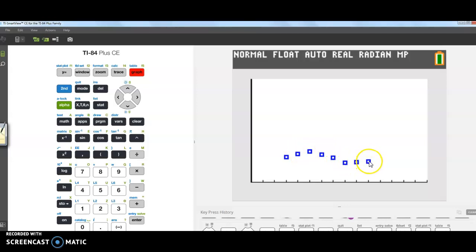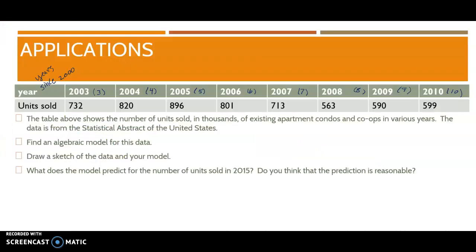And there's some important things to observe that help me know which kind of algebraic model to make. So right here I see a maximum point, and that in my data was that 896. And right here I see a minimum point, and that in my data was the 563. So I have two extremes. So when I go back here, find an algebraic model, I have two extremes, or two extrema, to use our vocab word.